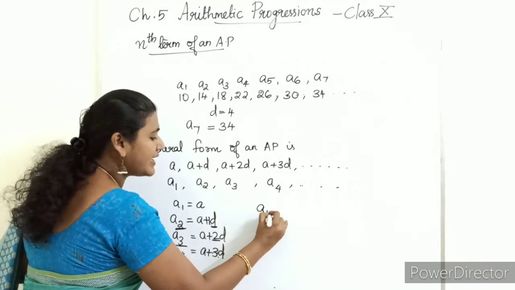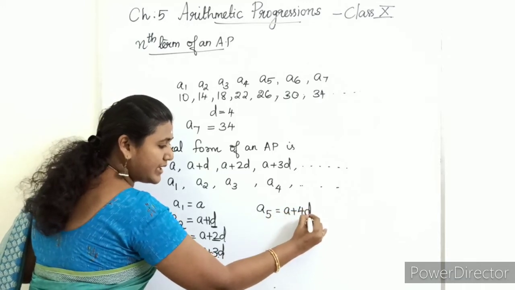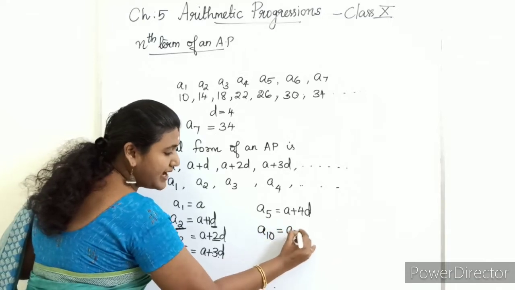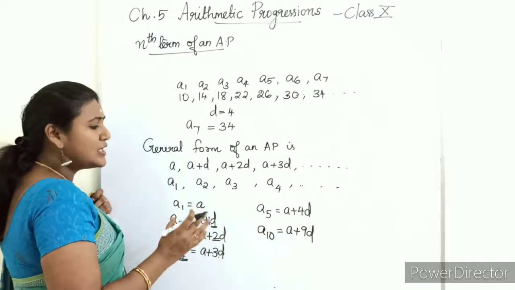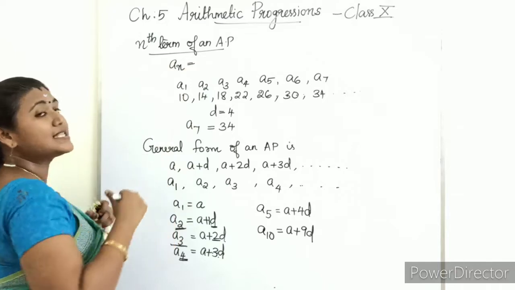Similarly, if you want to find A5, can you tell me what the formula is? A plus 4D. Similarly, if you want to find the 10th term, what is the formula? A plus 9D. So from this we got a pattern. If you want to find the nth term, what is the formula?